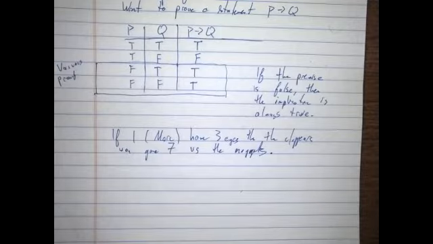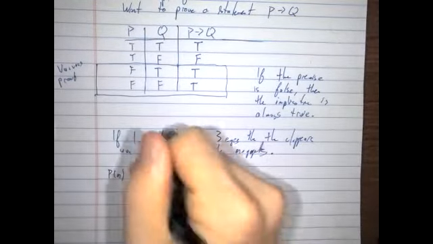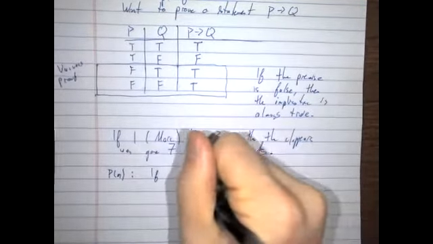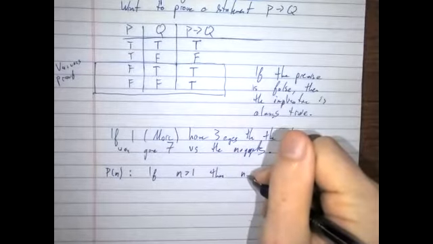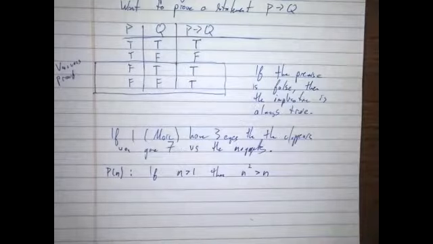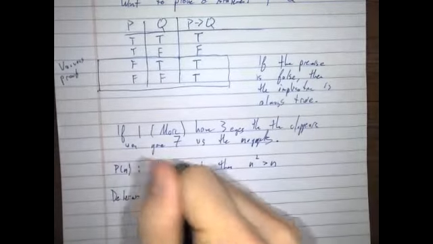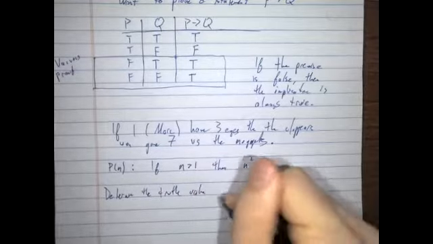We can do some more mathy examples, of course. So for instance, let's say Pn is the following proposition. Pn is if n is greater than 1, then n squared is greater than n. So here's the proposition Pn, and then we can say, let's determine the truth value of P0.